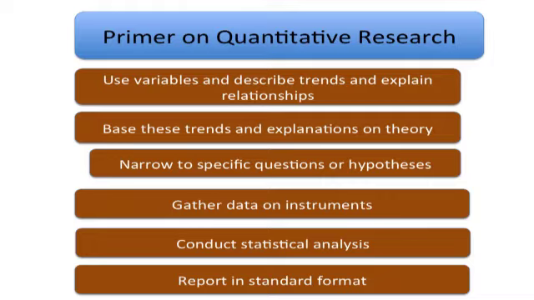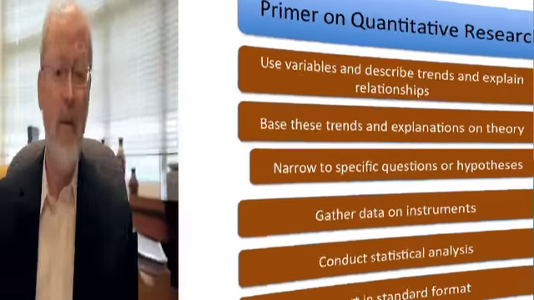And then we find in quantitative research that the researcher packages their study in a rather standard format that might go from problem to questions to the literature review to the data collection and to the results. So there's a standard format for doing quantitative research.